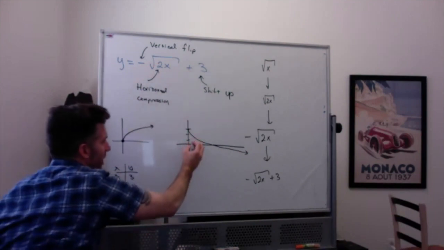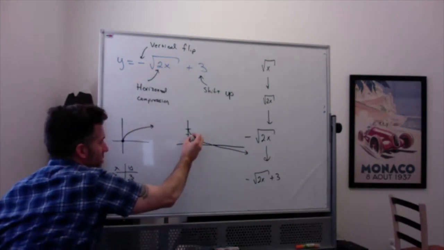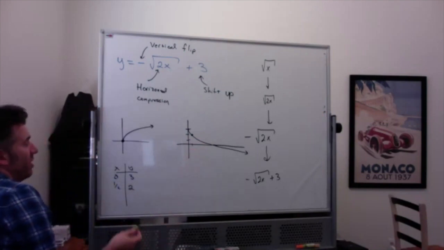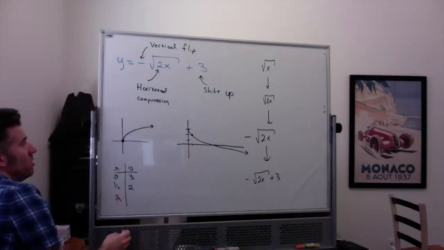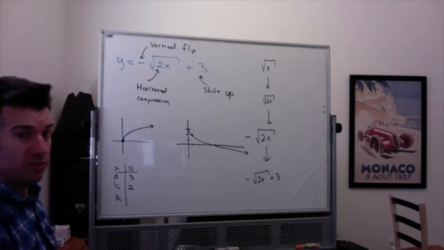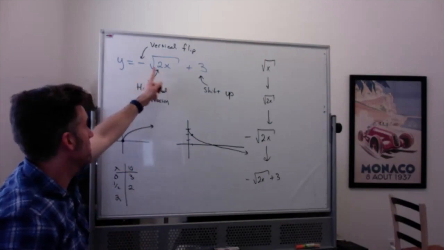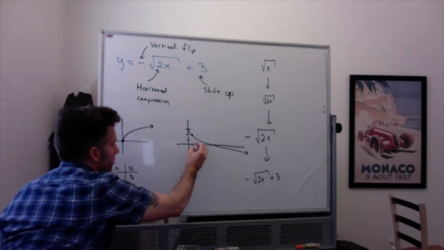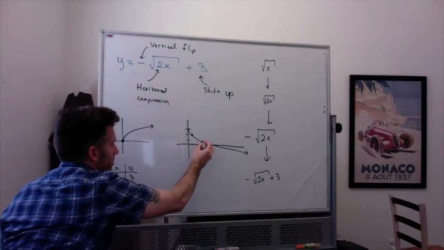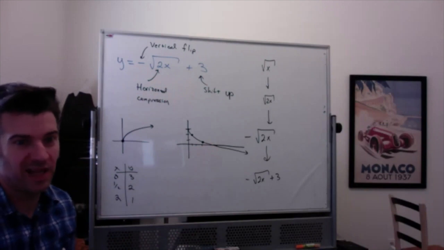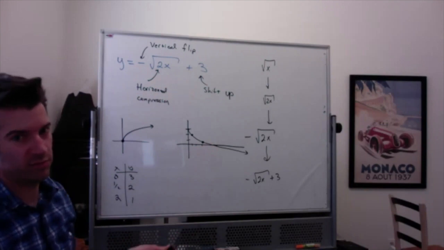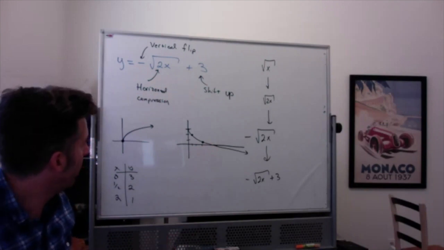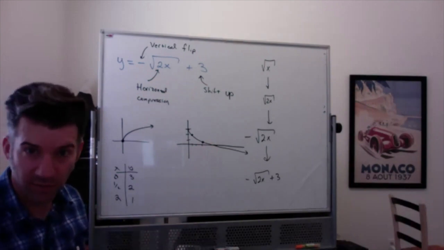So I plug in 1/2, I get 2. The next value I pick would probably be 2, because when I plug in 2, 2 times 2 is 4. The square root of 4 is 2. Negative 2 plus 3 is 1. And so on. I just happened to luckily graph it so it looks kind of right. Also, I was looking at the graph that I already had in Desmos.